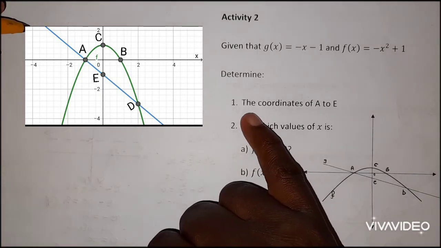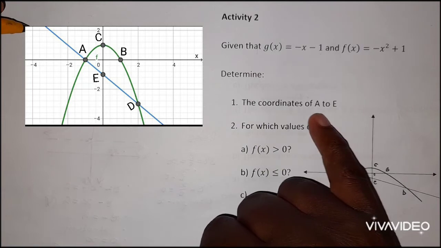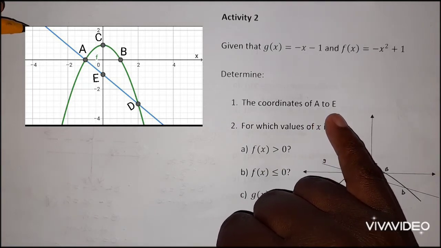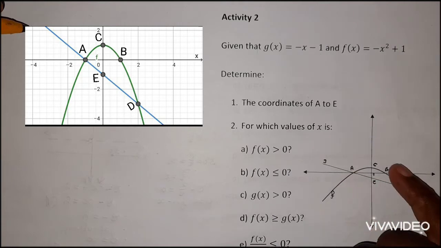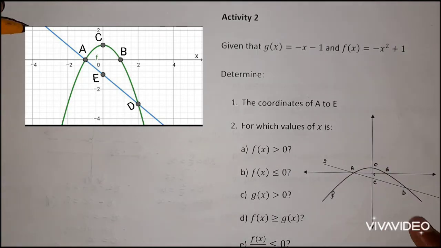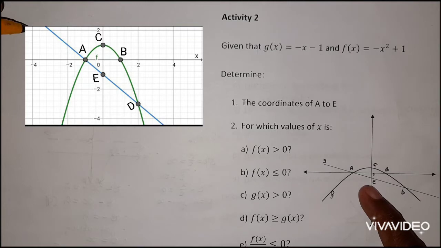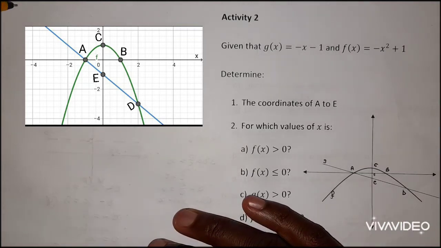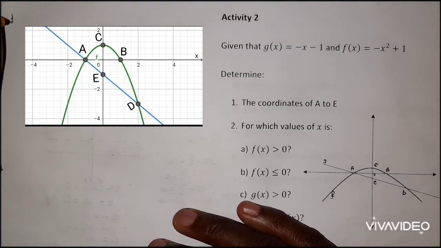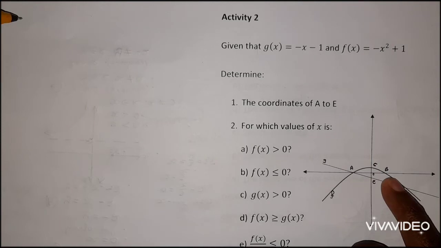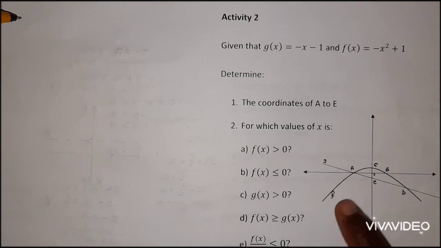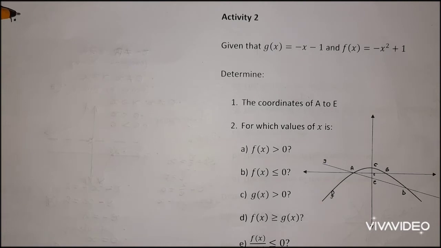Now, what are we required to do with these two functions? The first question is saying determine the coordinates of A to E. We've got point A, point B, point C, point D, and point E here. The first ones that we want to determine, question 1, are point A and point B. You should notice that points A and B are the x-intercepts of the parabola.